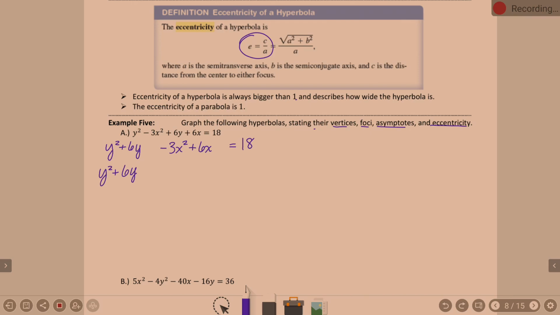So I'm going to factor off the negative 3 there. So I'm leaving a gap, negative 3. When you factor that off, we're going to have x squared. What is 6x when I factor away the negative 3? Minus 2x. Leave a gap in the parentheses, and then equals 18.